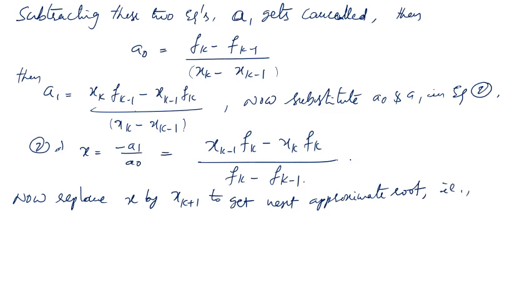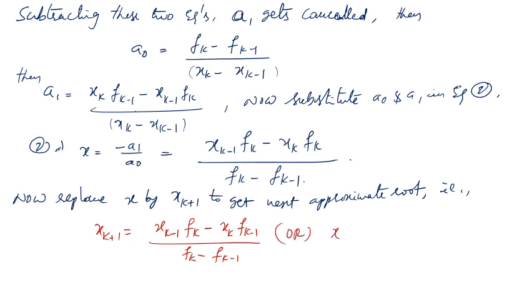That is, x(k+1) = (x(k-1) fk - xk f(k-1))/(fk - f(k-1)), or one can write in an easier manner, this is xk - (xk - x(k-1))/(fk - f(k-1)) multiplied by fk, where k is 1, 2 and so on.